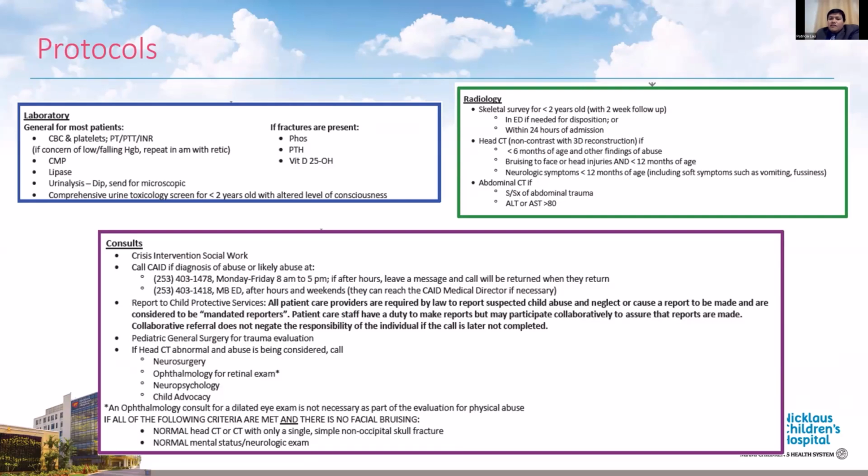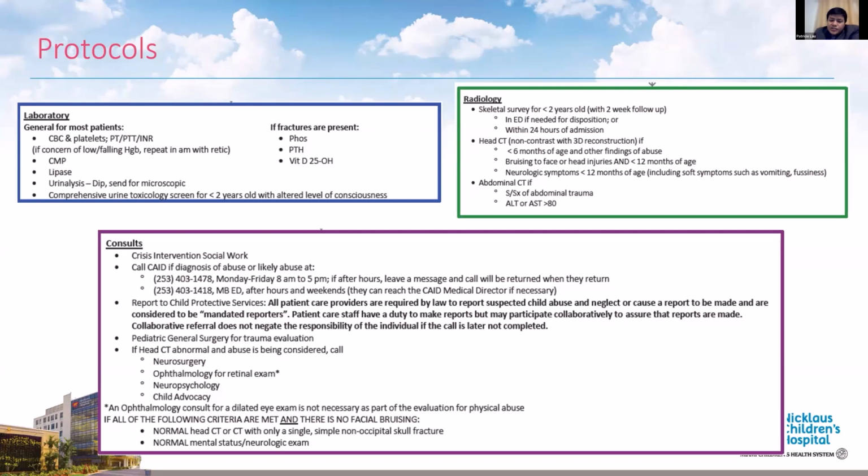If there's enough index of suspicion or any head injuries, you will get a CT scan of the head, especially in children less than 6 months of age if there's a history of abuse or suspected abuse, children with bruises on the face who are less than 12 months of age, and anybody with neurological symptoms. A CT scan of the abdomen is something you will be prompted to get based on findings or your index of suspicion of any other injuries that the patient might have.